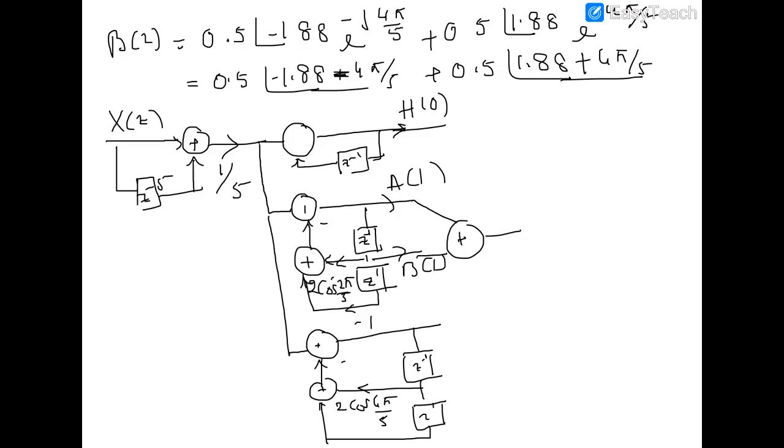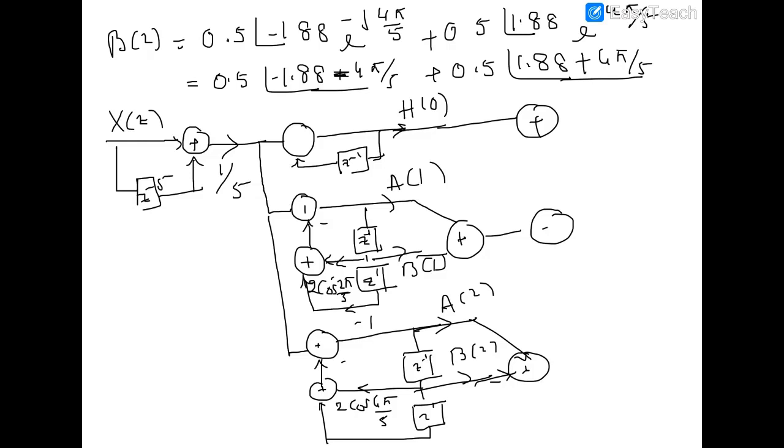So you get this multiplied by A2, this by B of 2. This all will get added up in order to get y of z. This is a double pole structure.